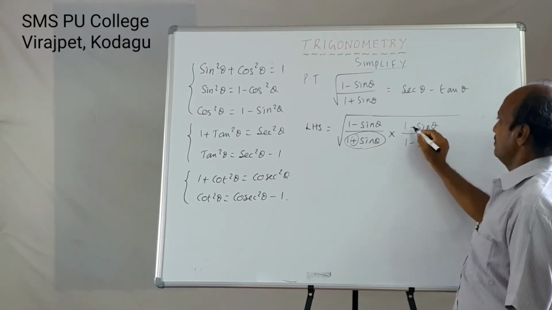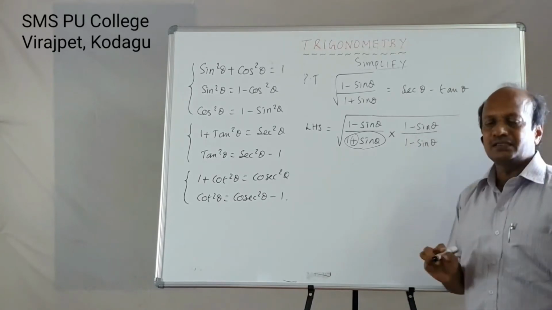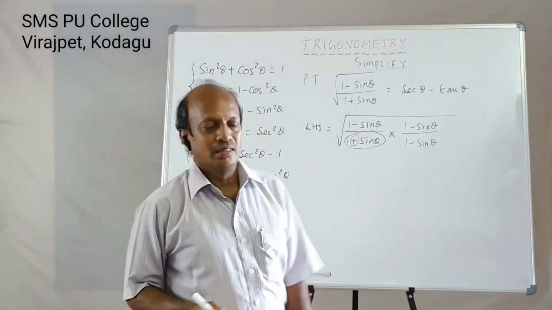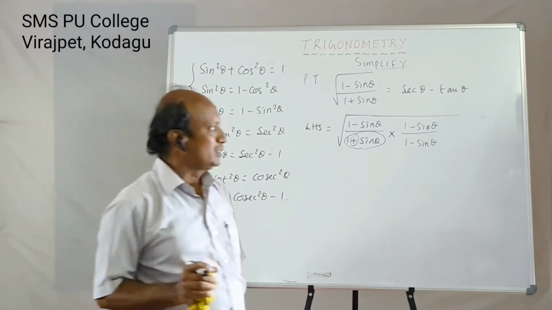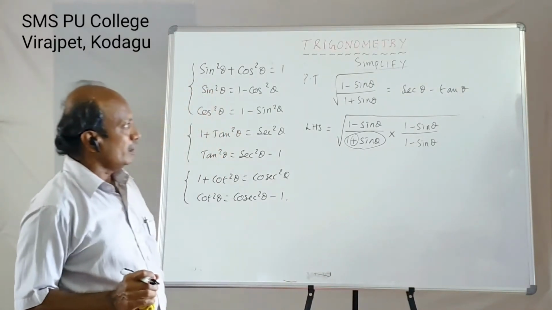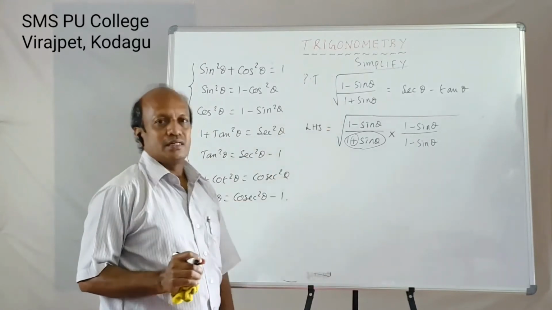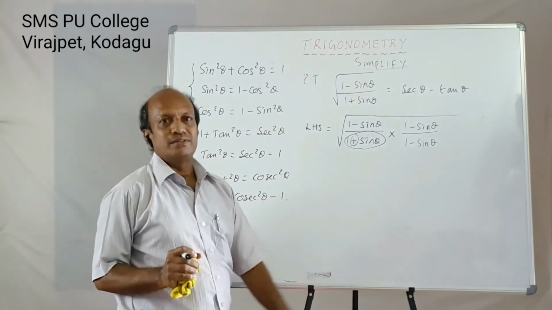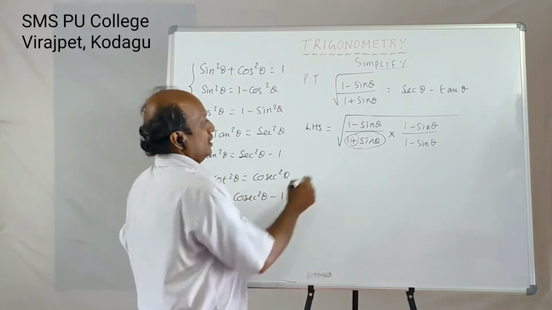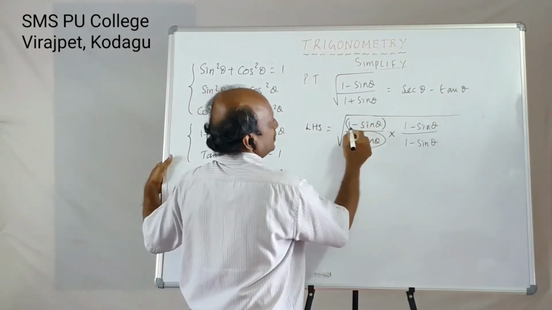Please remember, don't put plus in one place and minus in another place. You have to take the conjugate and multiply. Why should you do this? See that the left hand side has a square root and the right hand side has no square root. Our intention is to remove the square root. Now we can look into this. This is in the form of a minus b.